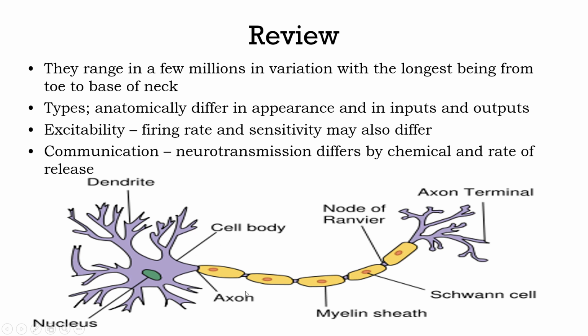This saltatory movement on the nodes of Ranvier makes the movement much faster than if it had to go through each space of the axon. These are things that we learned about. If you do not remember, we could spend some time in our next physiology class where I can re-explain some of these things, until the activity reaches the terminal end, and the next part is excited or inhibited, depending on what type of neuron it is.